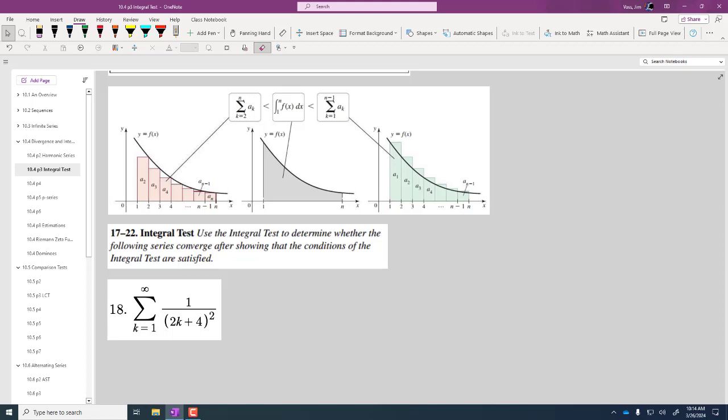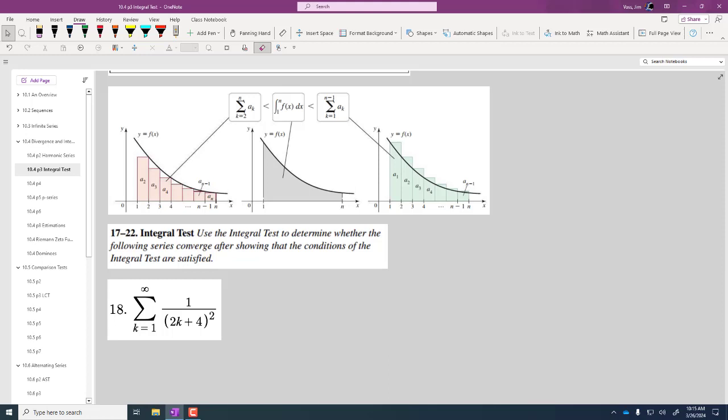N minus 1. Everyone agree with that? If you subtract 1 from here, you started at 1, and then you would subtract 1 from up there, so you'd have n minus 1 terms. So both of these are representing n minus 1 terms. It's just shifted 1 term.